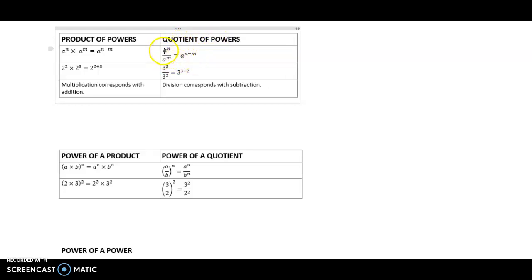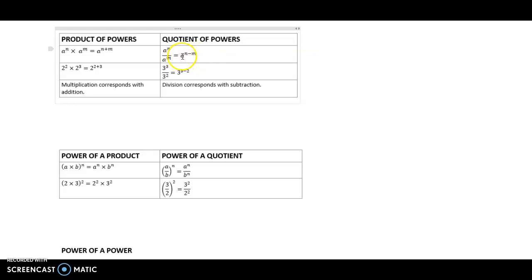Sisuke sine same base si divider nge same base but kwi power ehlukile. Okay, la now a to the power of n divided by a to the power of m. Remember kwi products of powers si addile. Kwi quotient of powers we subtract ama powers ethu.